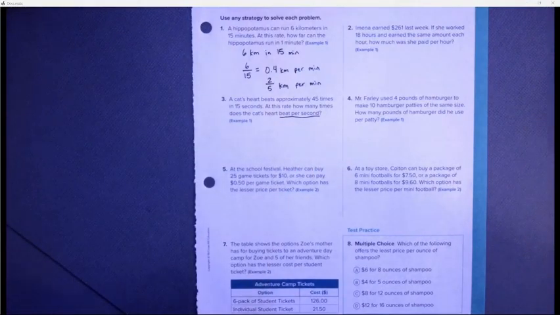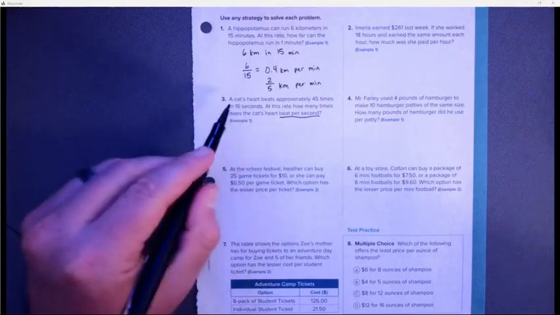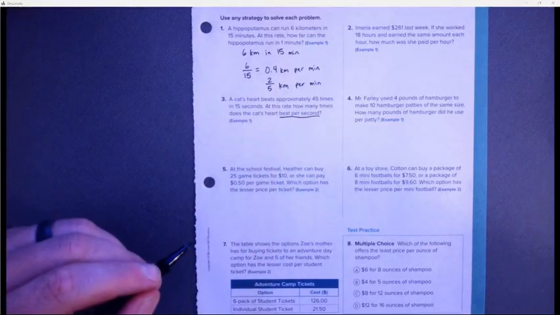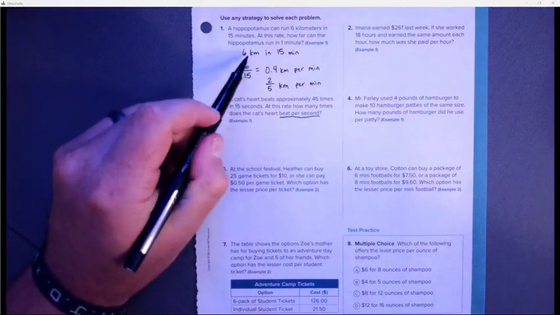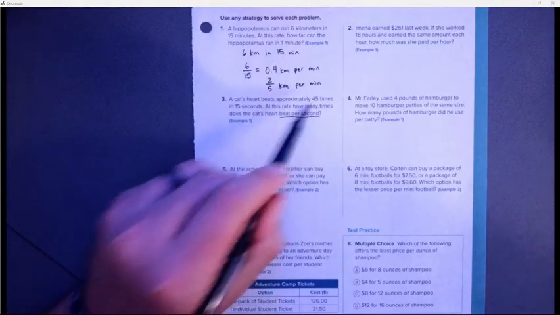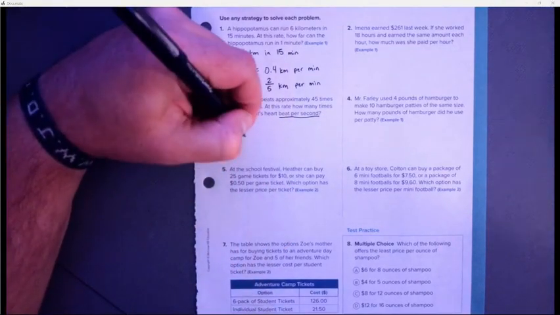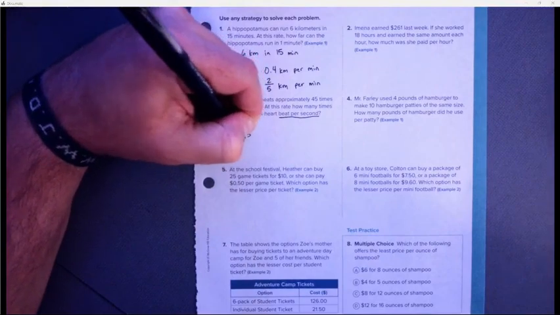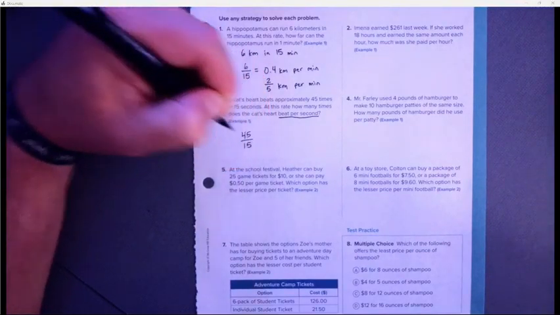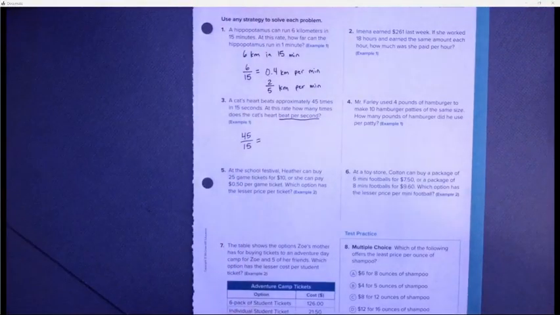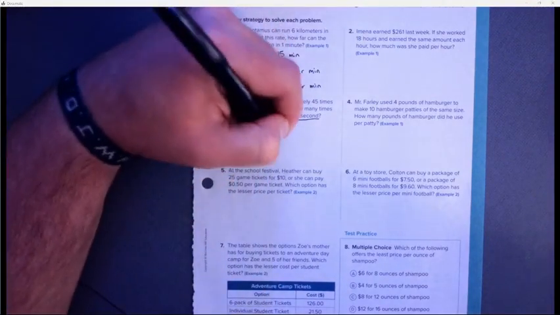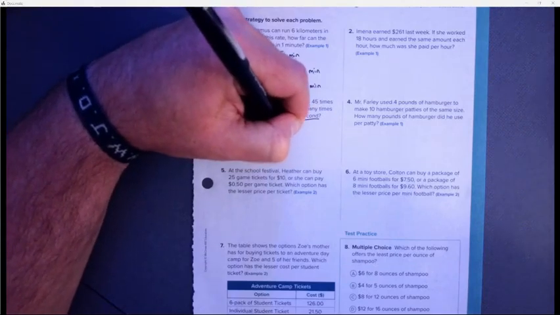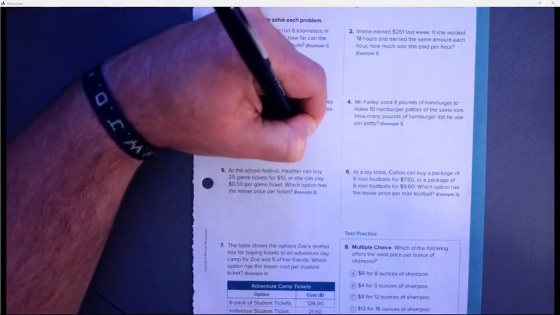They tell us in our word problem that the cat's heart beats approximately 45 times in 15 seconds. As we said earlier, 6 in 15, so we're going to do 45 in 15, so 45 divided by 15. If we do 45 divided by 15, we get 3. So we know the cat's heart beats 3 beats per second.